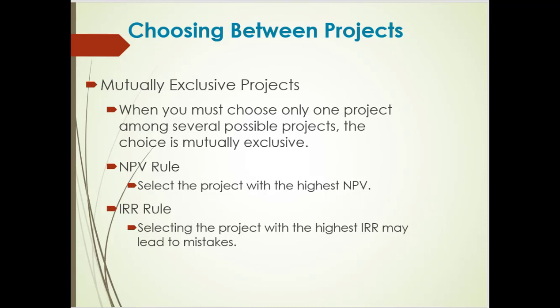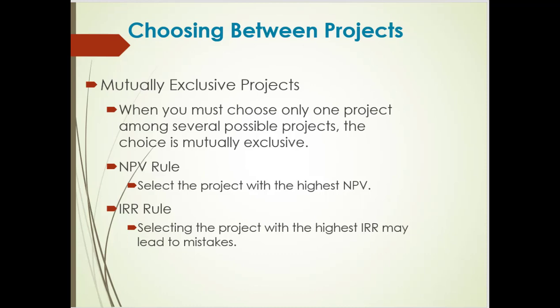But let's think about this a little bit more. If you were going to select a project based on internal rate of return, obviously that must be an acceptable project. So the internal rate of return must be higher than the cost of capital, or you wouldn't accept the project. That also indicates that it has a positive net present value.